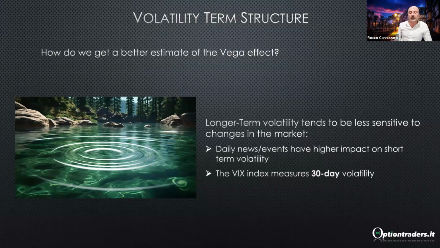So you can think of the fact that farther dated options, even though they have a higher Vega on paper, are in reality less affected by a change in volatility than shorter dated options, because shorter dated options are closer to the news and closer to the events, and so a spike in volatility tends to have more effect on the closer dated options than on longer dated options.